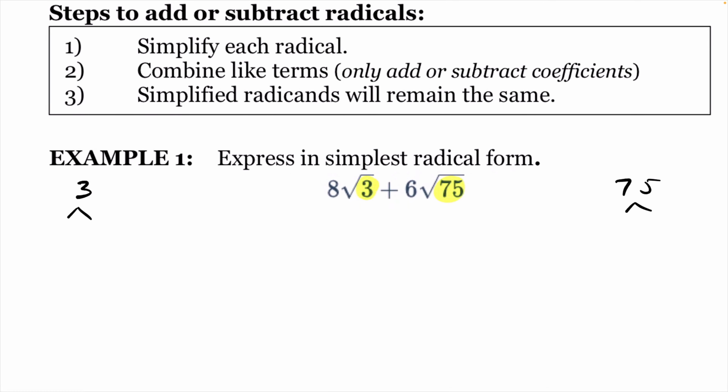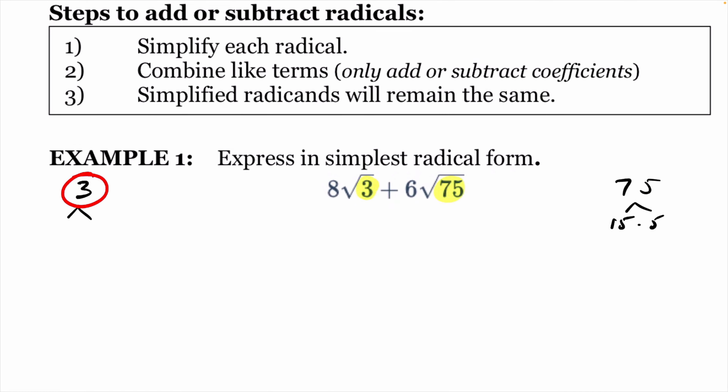Well, 3 is just 3 times 1, so that one doesn't even have a tree. There's no branches to that tree, just 3. 75, though, we can break it down. What are two numbers that multiply to be 75? 15 and 5.